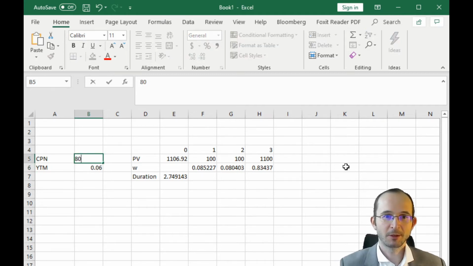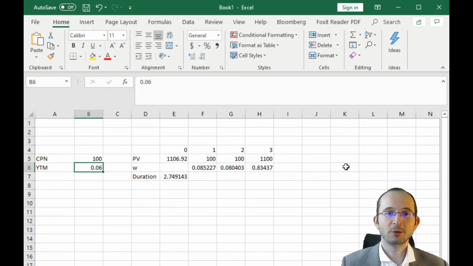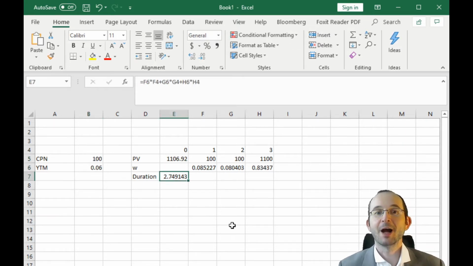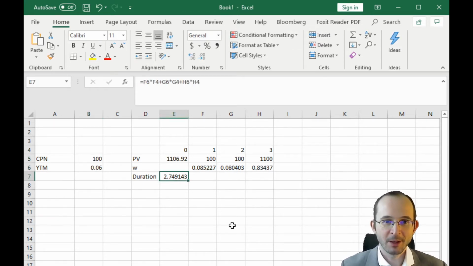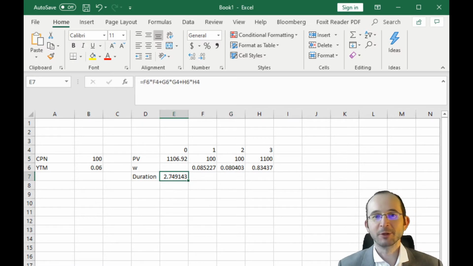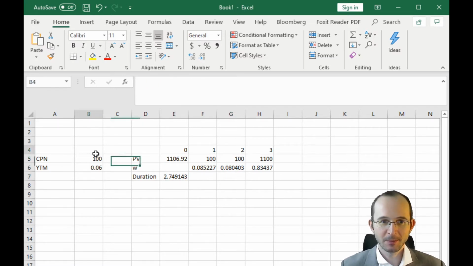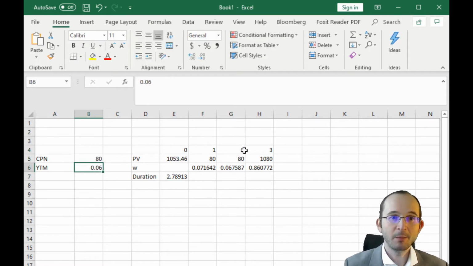And let's go back. 2.78. New duration, 2.75. So indeed, you can see that since we're getting effectively more of our repayment earlier, the average maturity of the repayments is now a little bit less. And now let's go back to 80.